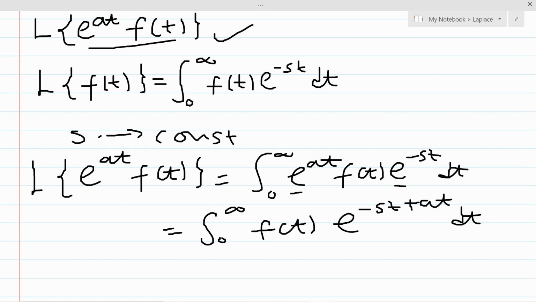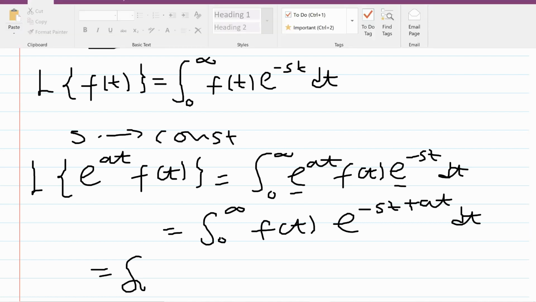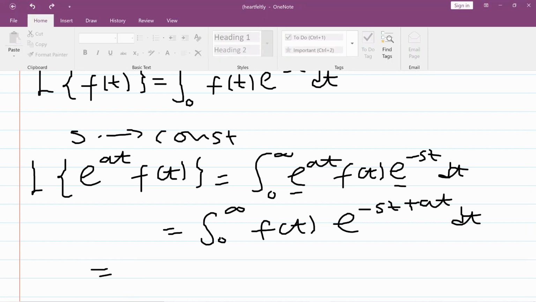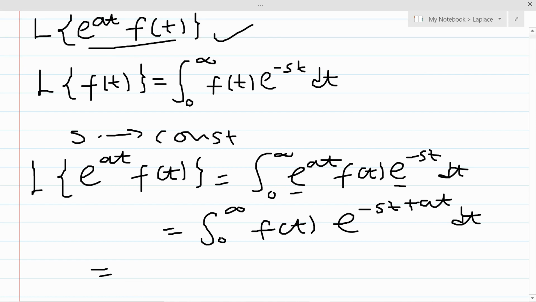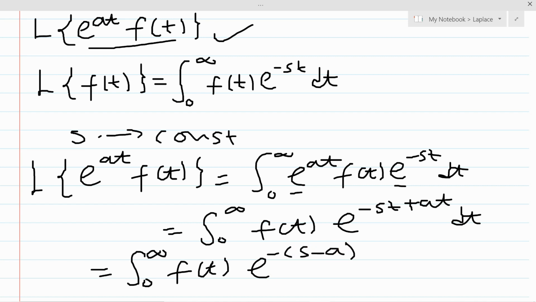Let me write it again: integral from 0 to infinity f of t e to the, factoring negative s minus a out, then times t dt. So this is what we will get.